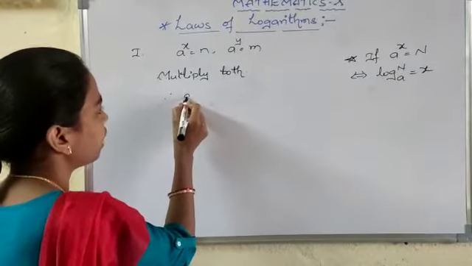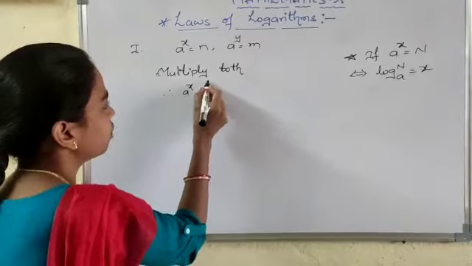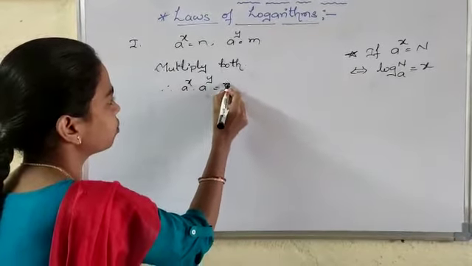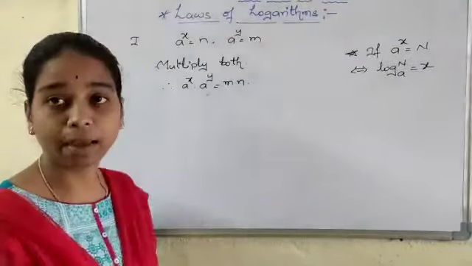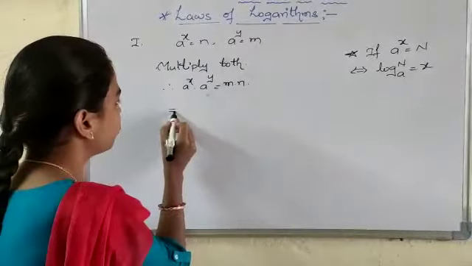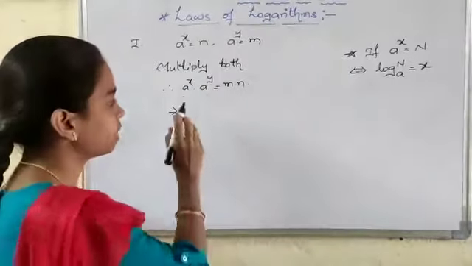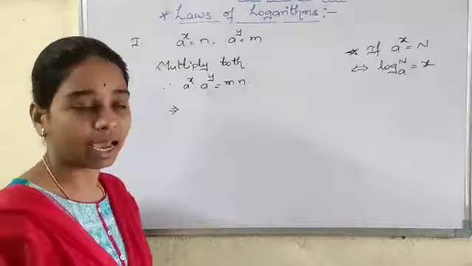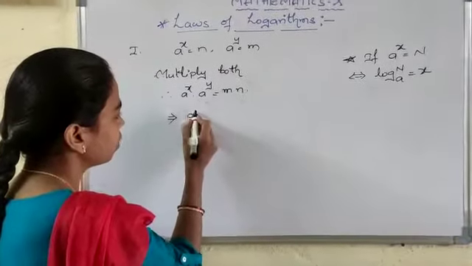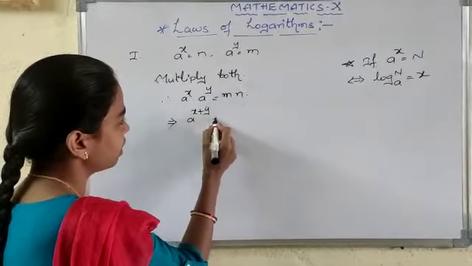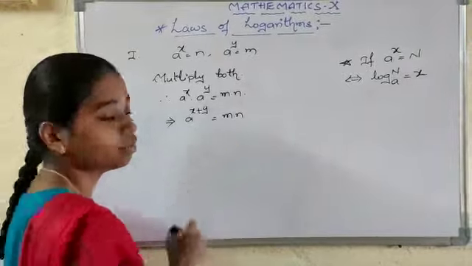So therefore a power of x into a power of y is equal to m into n. We know that from laws of exponents, if the bases are equal, the powers can be added. So a power of x plus y is equal to m into n.